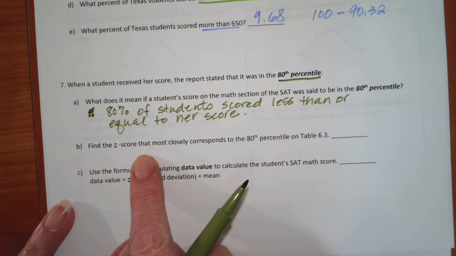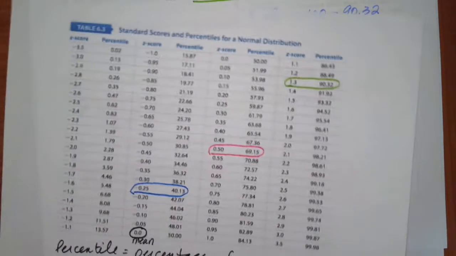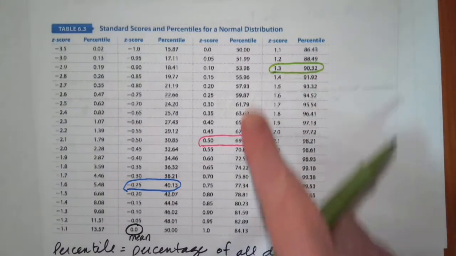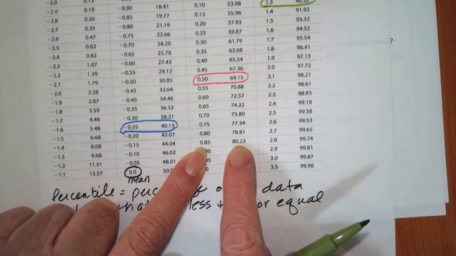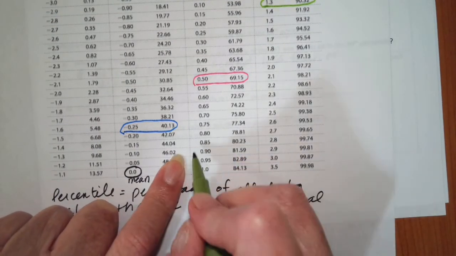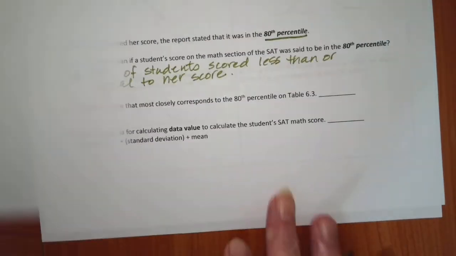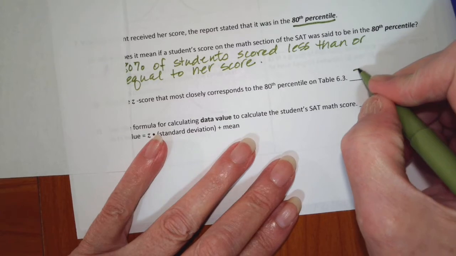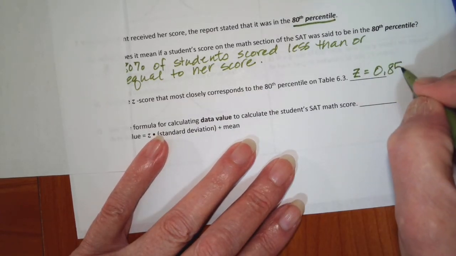Now find the z-score. I know the percentile, but I need to turn that into a z-score. I look on the table until I find the closest to 80, and the closest is 80.23. So the z-score is 0.85.